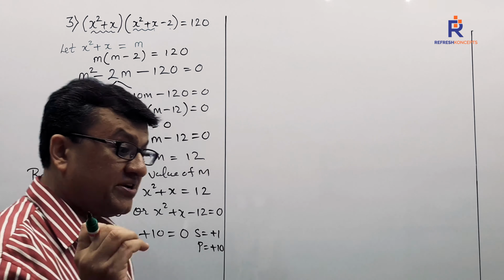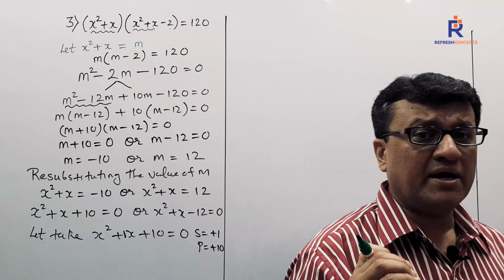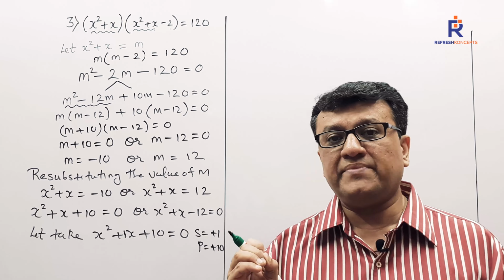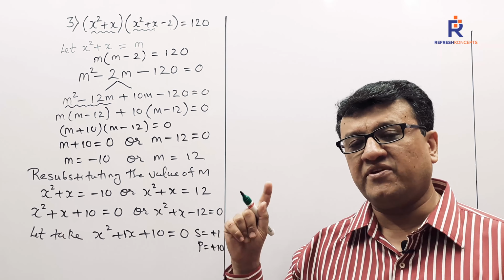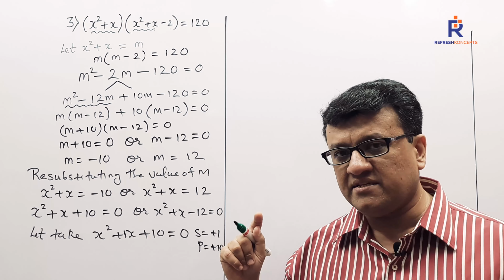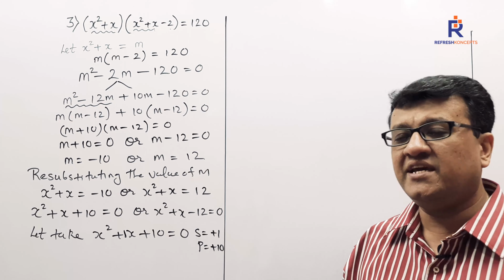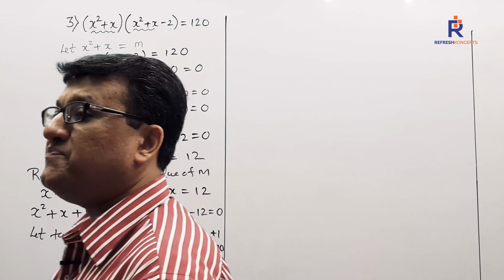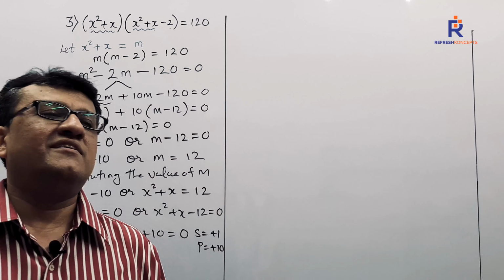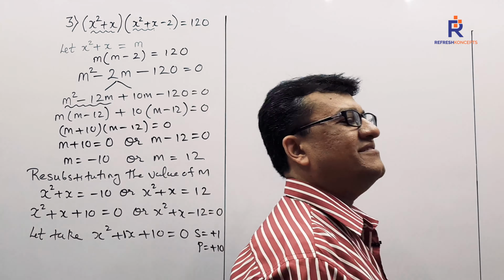And those who have really seen my videos earlier, before proceeding with the formula method, what do we find out? Anybody, any guesses? What do we find out before applying the formula? We always find out b square minus 4ac. If you have forgotten, refresh.